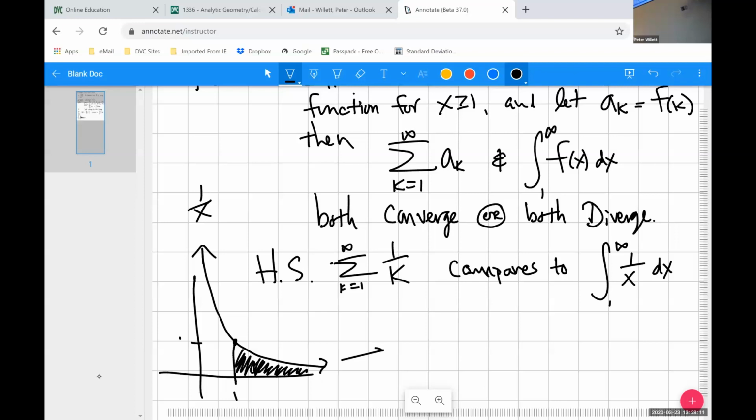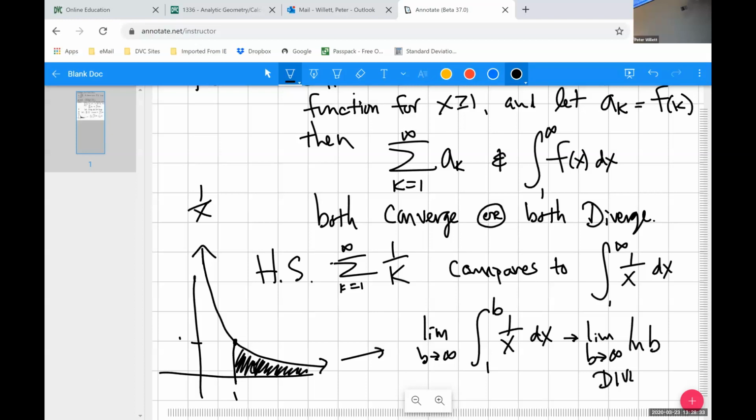And when we did this improper integral, we took the limit as b went to infinity of the integral from 1 to b of 1 over x dx. And we got a natural log, and that ended up just being the limit as b goes to infinity of the natural log of b, which diverged.